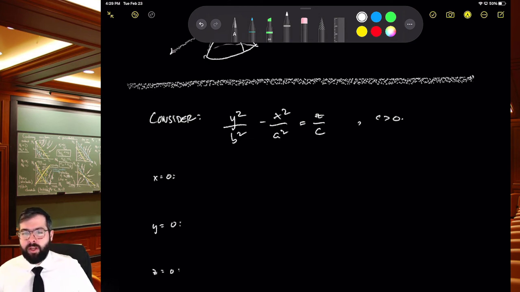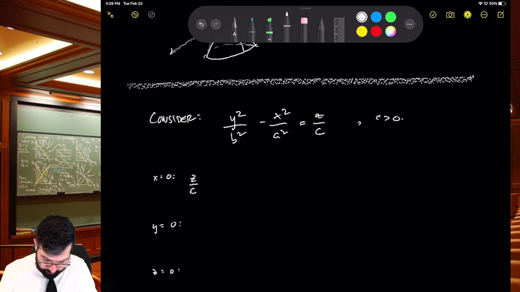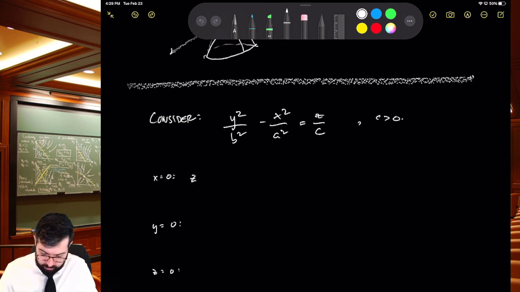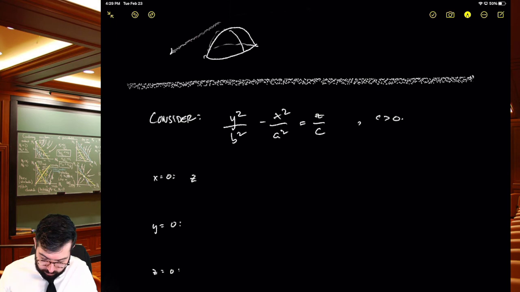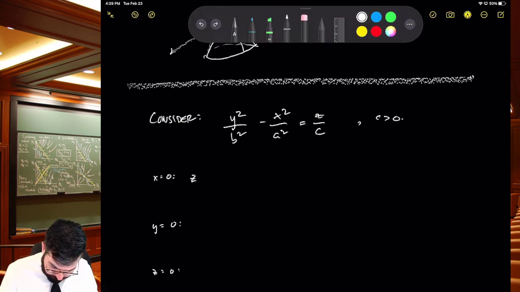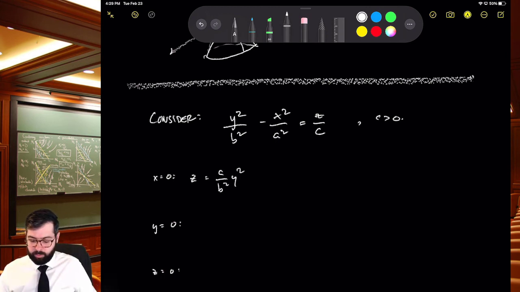These little snapshots of the surface. Well, when x is 0, z is y squared over b squared times c. It's a parabola, right? Upward facing. Z over c, well, I'll just even solve it. Z is c over b squared y squared. That's a parabola, upward facing.